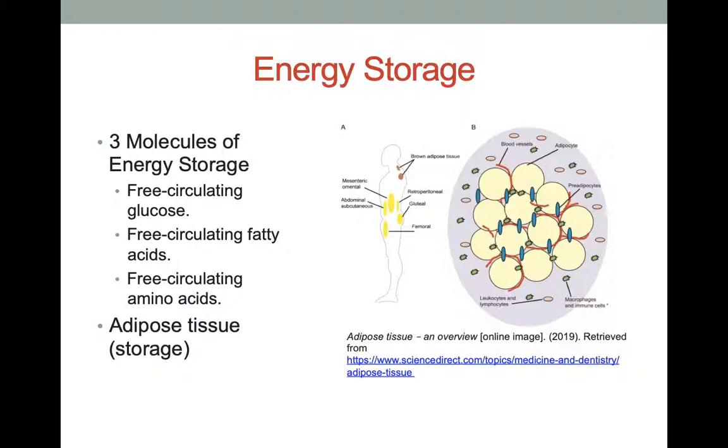These generally aren't immediately needed for energy; they are more for protein synthesis and structural things, but the amino acids that aren't needed for protein synthesis can be converted to glucose and fatty acids and then stored as triglycerides. Overall, adipose tissue is where we store a lot of this excess energy that can then be released during fasting times.